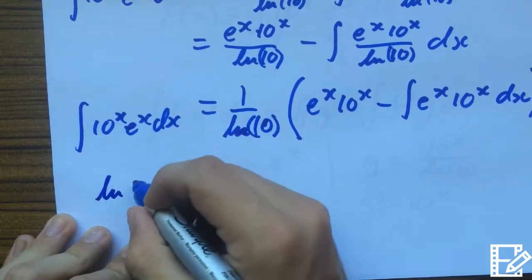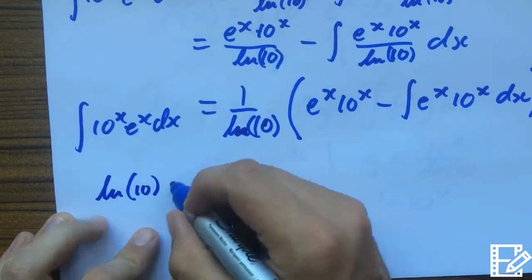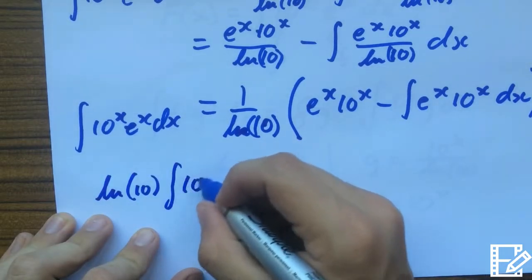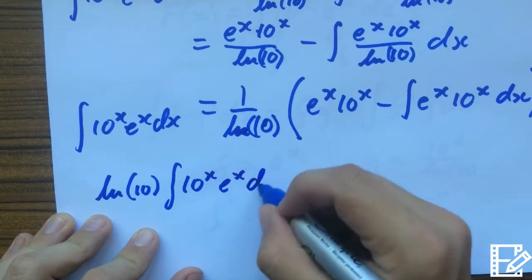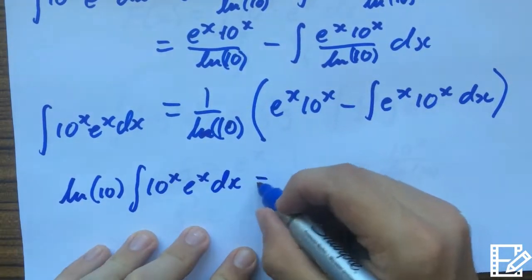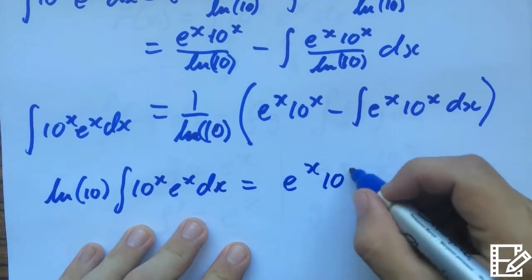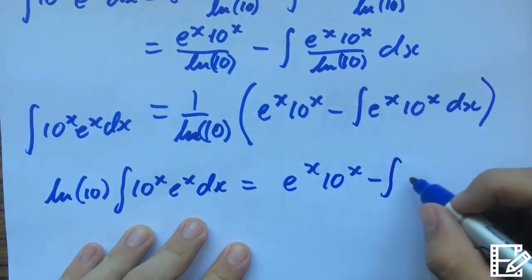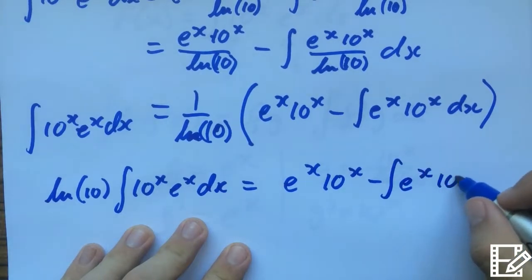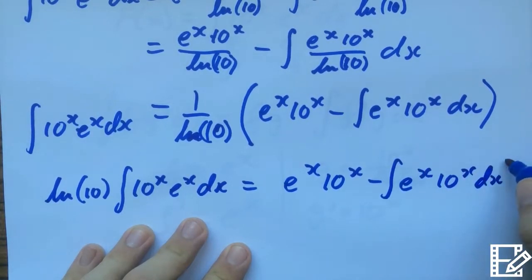That'll look like ln of 10 times the integral of 10^x e^x dx equals e to the x 10^x minus the integral of e to the x 10^x dx.